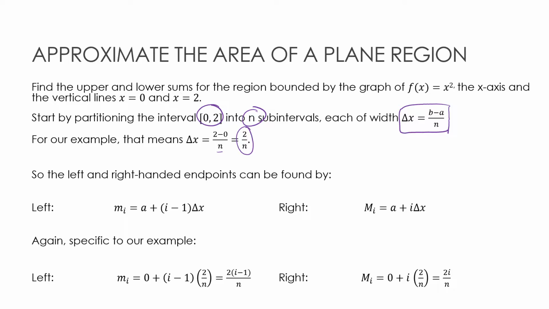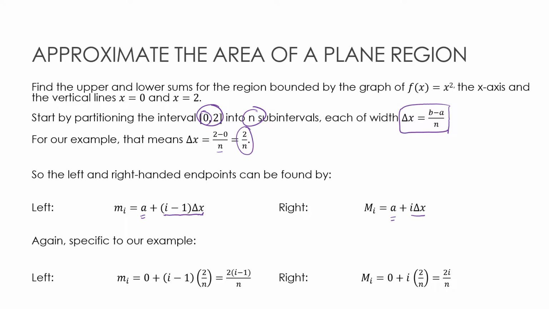So our formula says b minus a divided by n is delta x, and then the endpoints can be found by taking the starting position. So in our last one that was 0, so that made it really easy. We started at 0, and then we took i minus 1 of delta x, and then just i of delta x. Again, adding the a if the a wasn't 0.